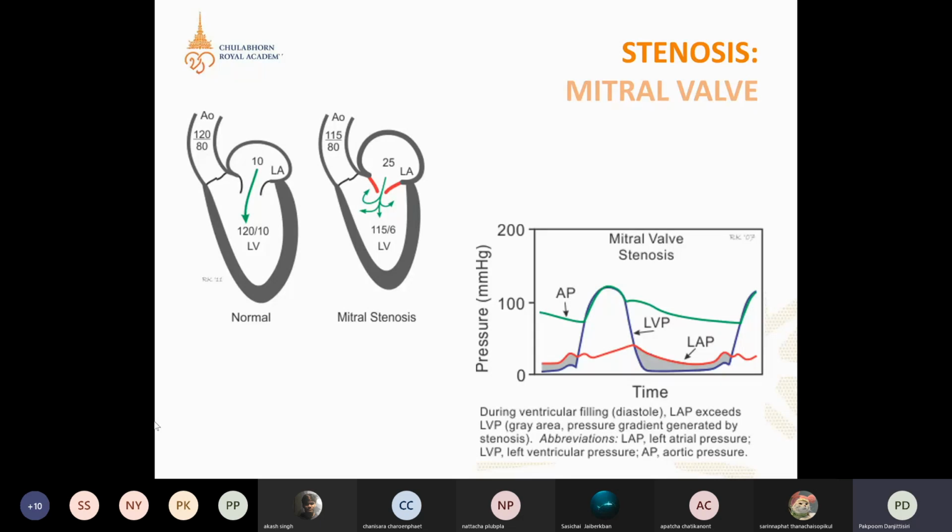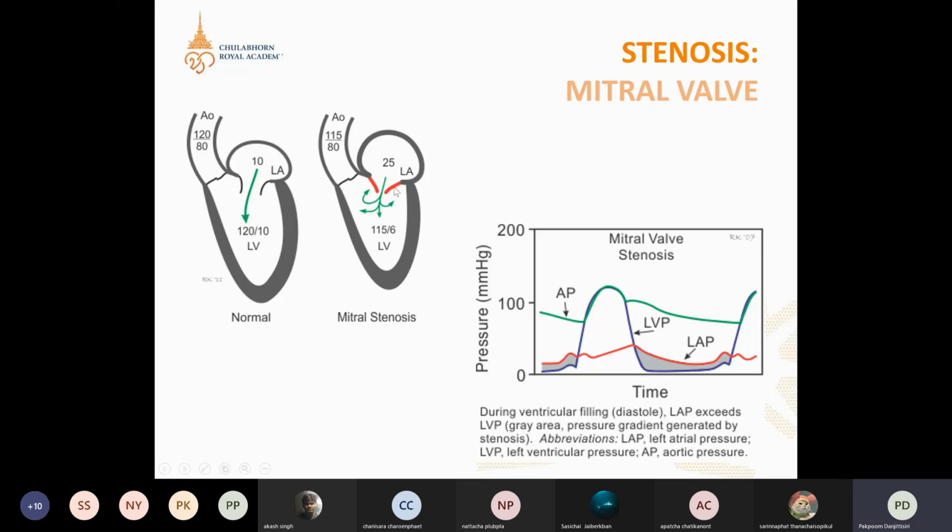So the LA will back up some blood, the rest of the blood that cannot pump out into the left ventricle. So it will cause higher pressure in the LA. You will see that from 10 to 25.